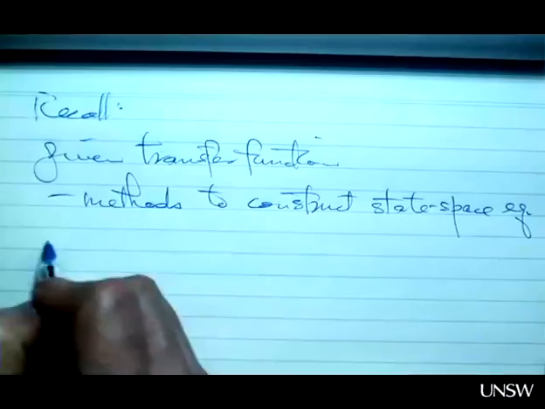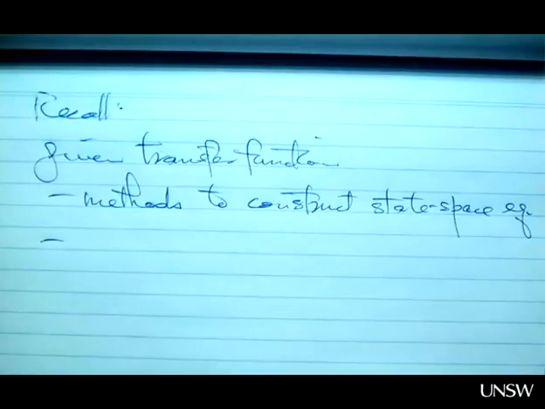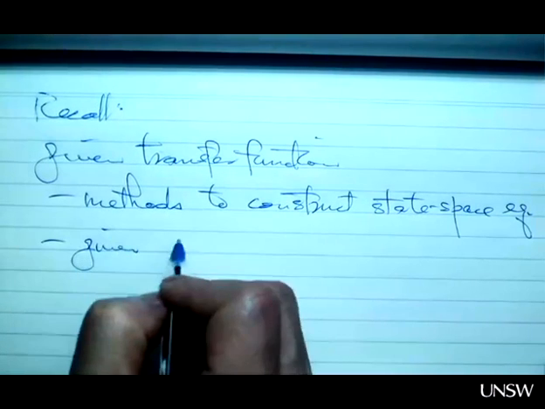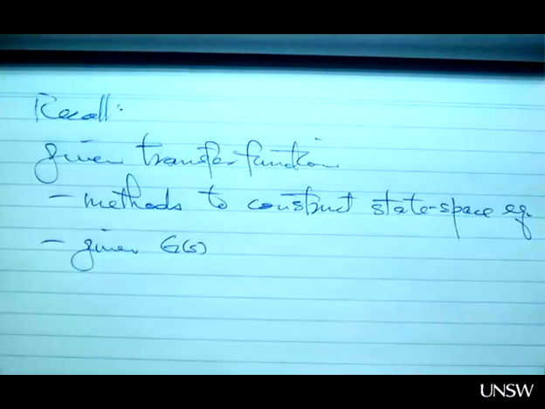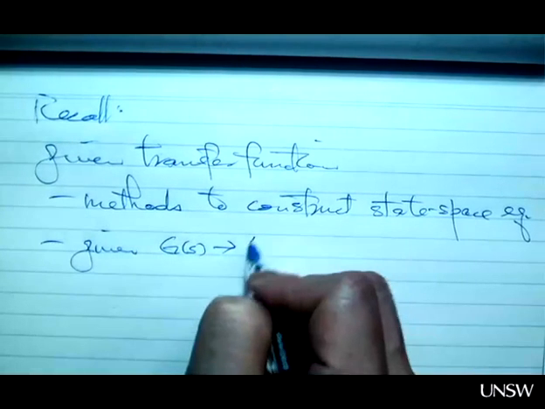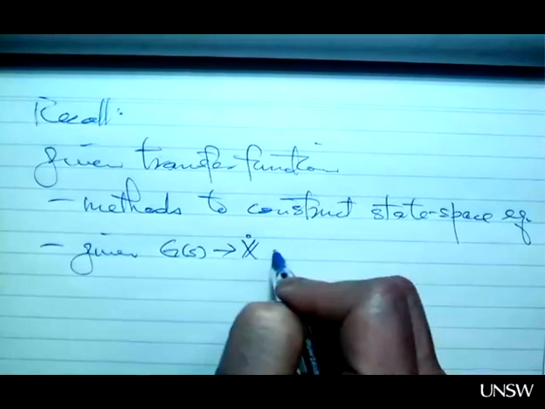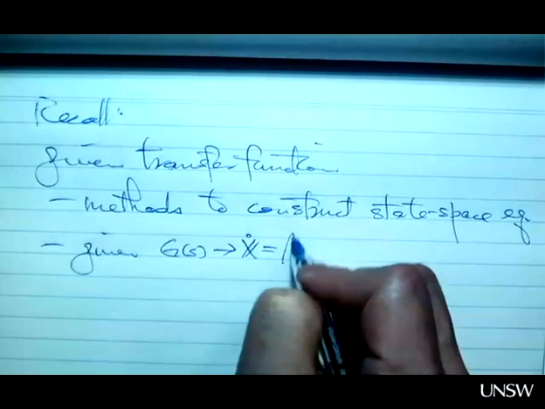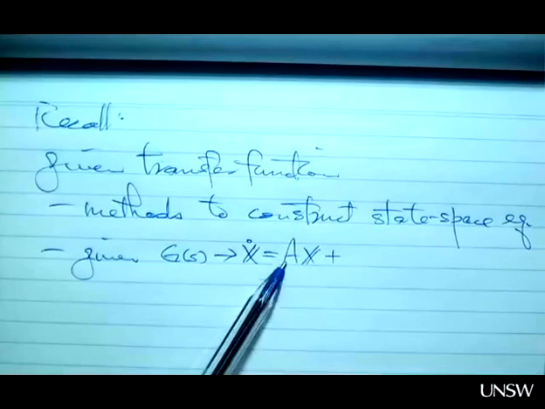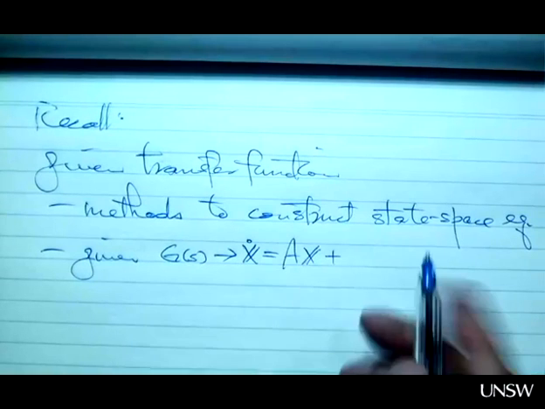So if we are given G of s, the transfer function, then we can arrive at the time derivative of the states x, with the system matrix, the gain matrix, and the input.